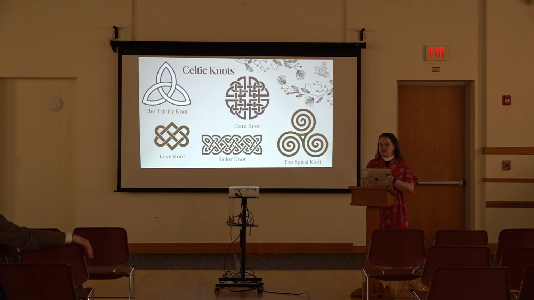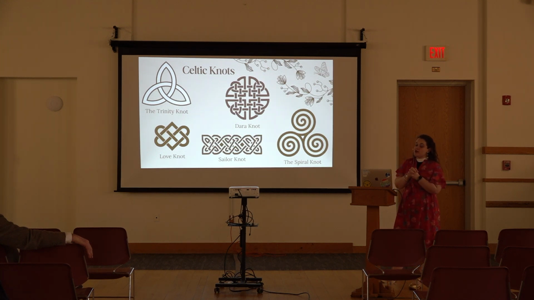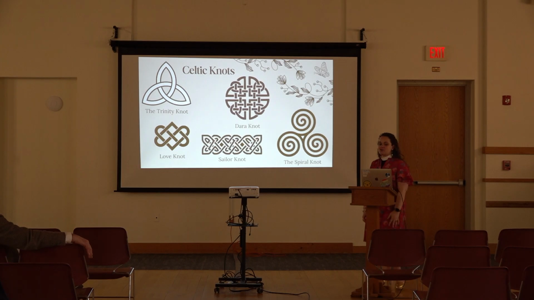The next one is the Dara knot, which comes from the Irish word doire. I have no idea if that is the correct pronunciation. It's spelled D-O-I-R-E, if you're curious. And that word means oak, the oak tree. So this Dara knot is inspired by the intricate root systems of an oak tree.